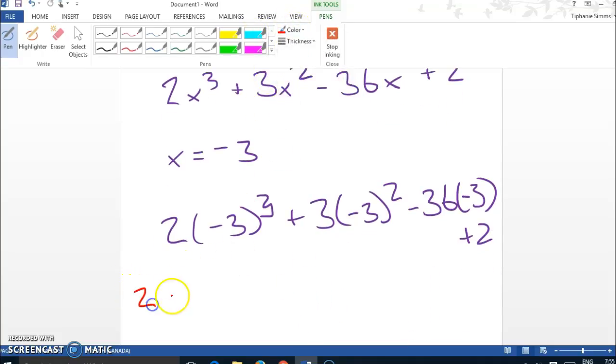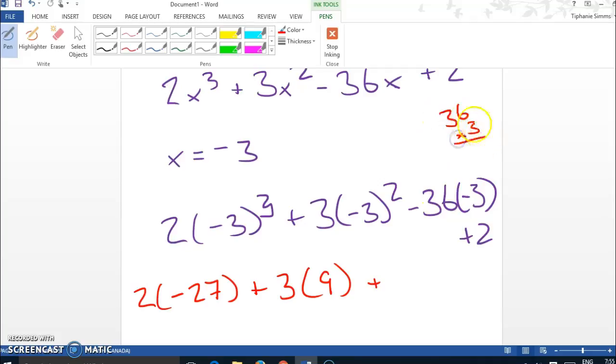Now we have -3 cubed, which is going to be -27. Plus 3 times 9, that's going to be 27. Watch your negatives on these two. That's going to be plus 36 times 3. What would that be? 36 times 3 is 108.